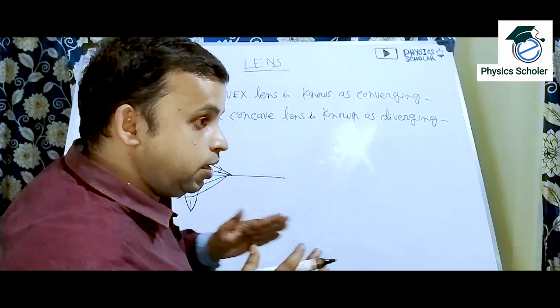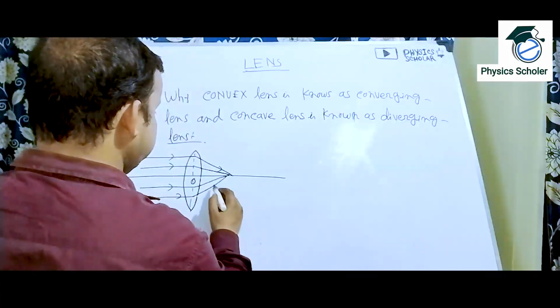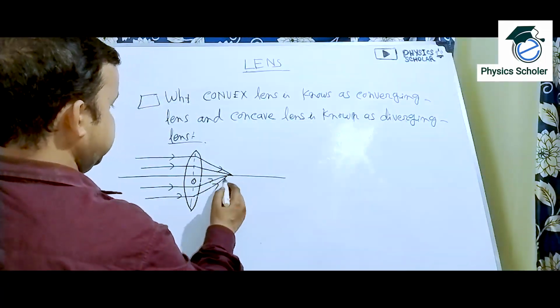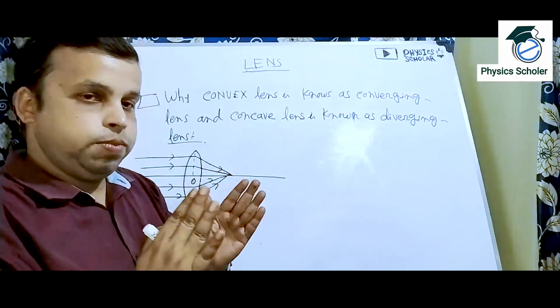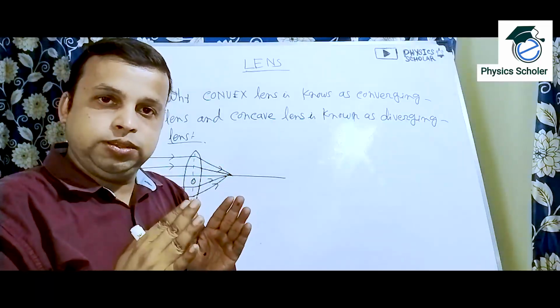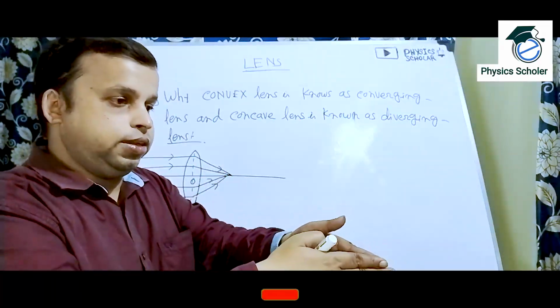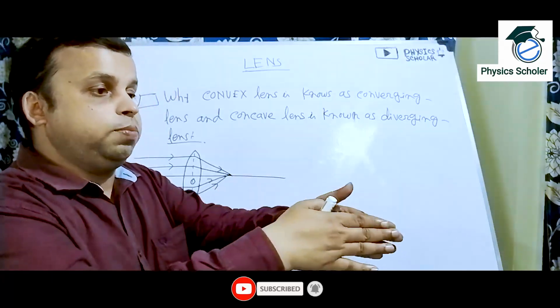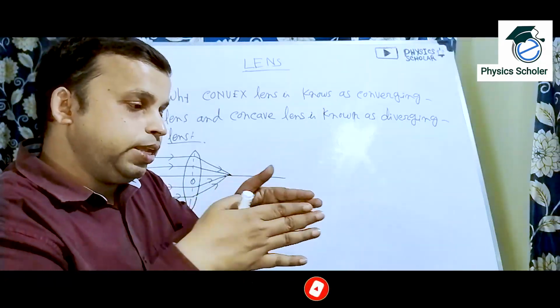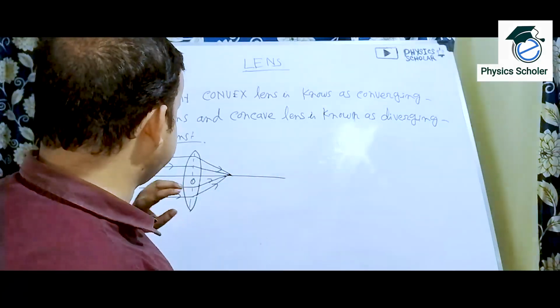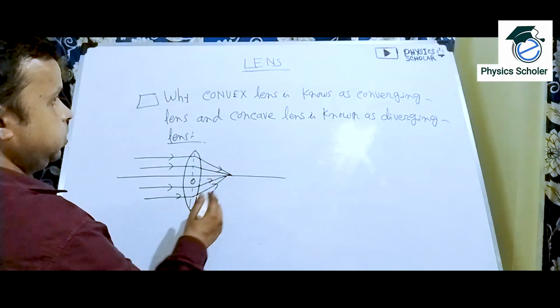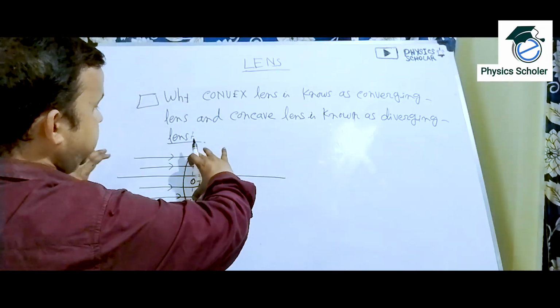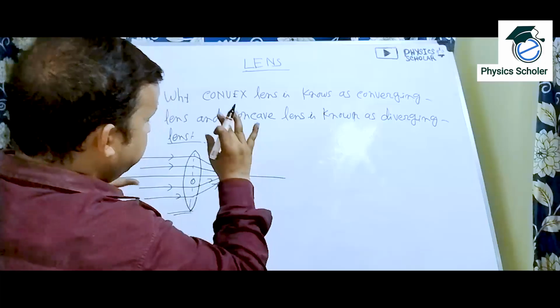Converge means they will meet at a point. Clear? That means a parallel beam of light after being incident on the lens will get refracted and the refracted rays will be converged in nature. That means they will meet at a particular point on the principal axis. That's why they are known as converging lens, because they are making the parallel rays converging in nature.